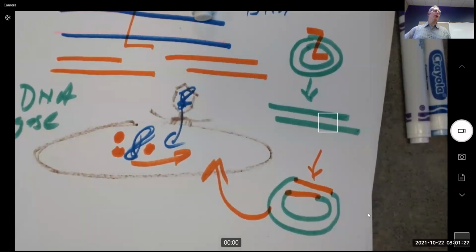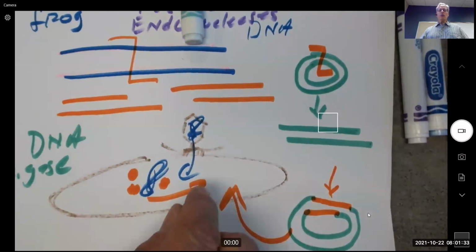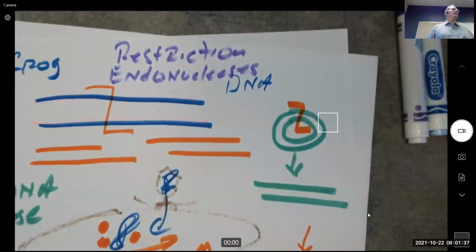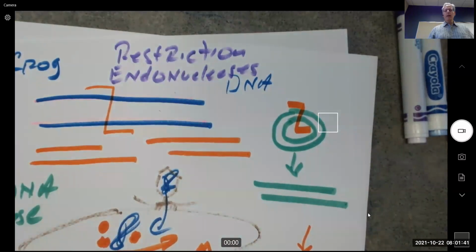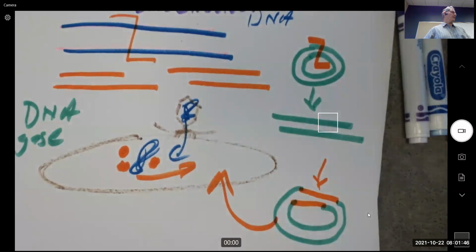Or so the story goes. So this shows you essentially how genetic engineering uses bacteria and uses enzymes that were first isolated from bacteria. Enzymes that were originally just a curiosity that bacteria used to protect themselves from being infected by viruses.